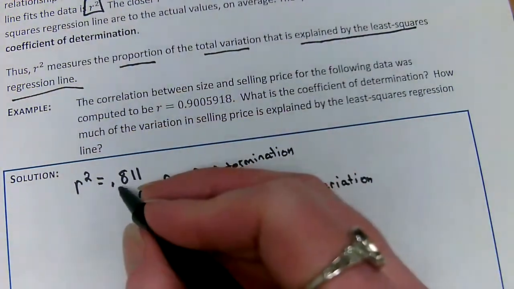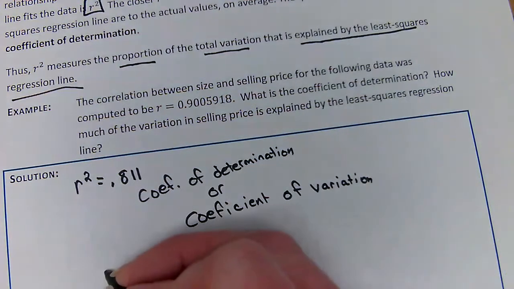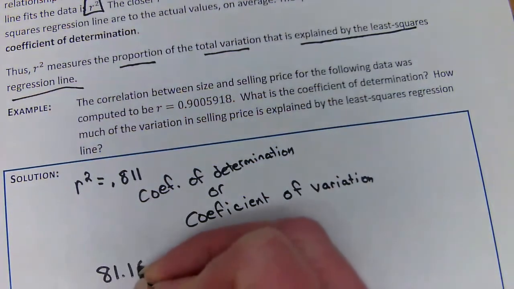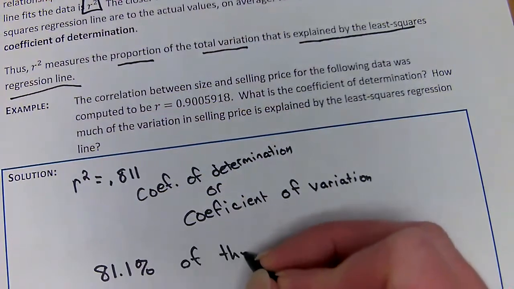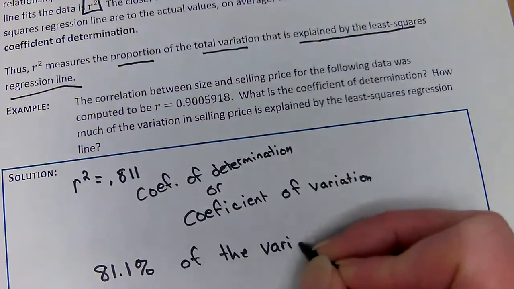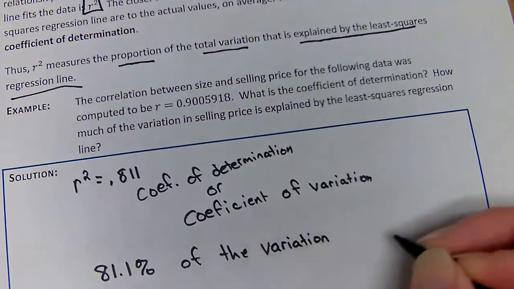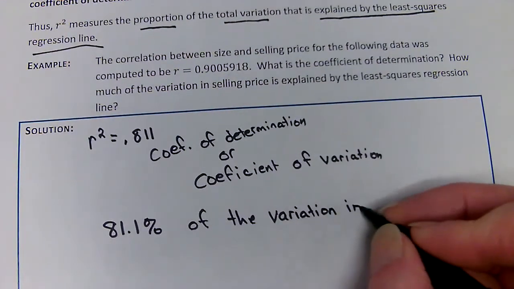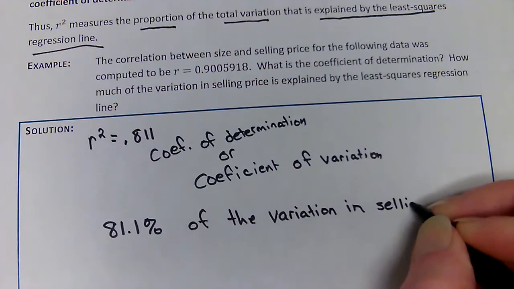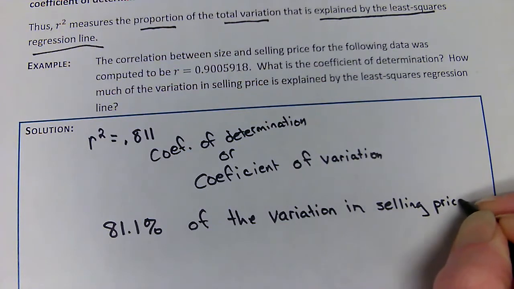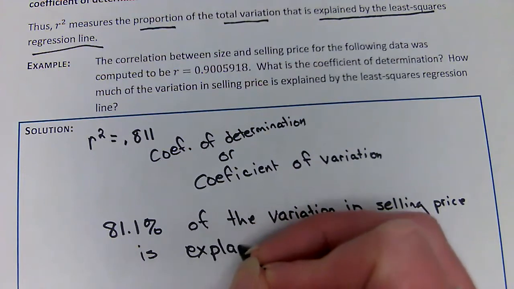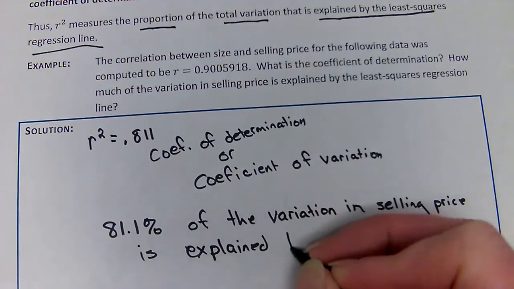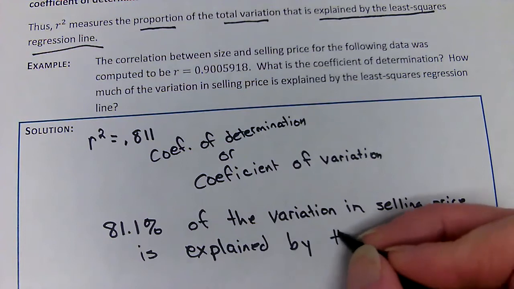So this value 0.811 means that 81.1% of the variation in the selling price is explained by the regression line.